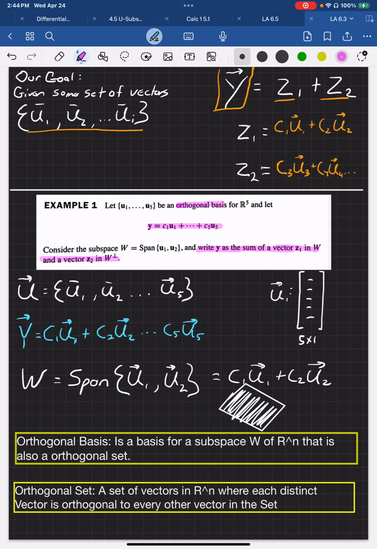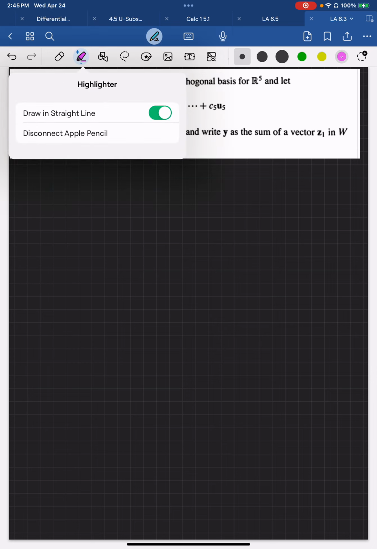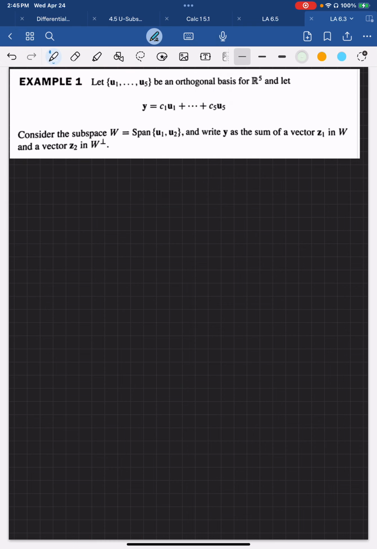We want to rewrite it as the sum of two different vectors, z1 and z2. One of those vectors is in our subspace. The other vector is perpendicular, orthogonal to our subspace. Okay, this is quite a long elaboration for an actually very easy solution. So let me go ahead and write.